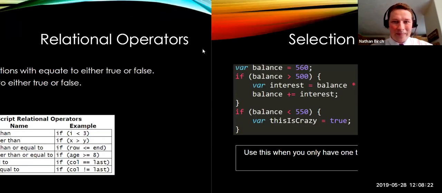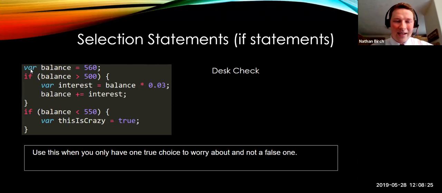So right here, I declared var balance at 560, and I said if balance is greater than 500. And then here's this block of code that I was talking about. So I have an opening curly brace and a closing one, and then everything inside this curly brace set will get executed if balance is greater than 500. And then down below, I have another if statement. If balance is less than 550, then I could do something else.